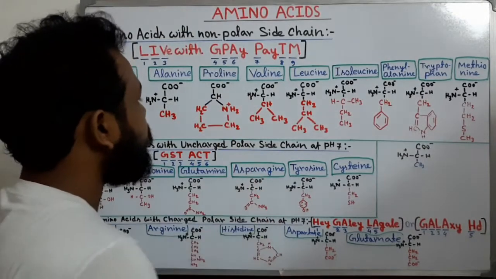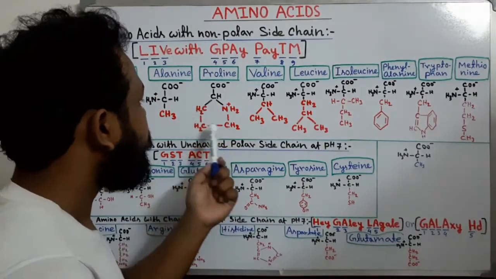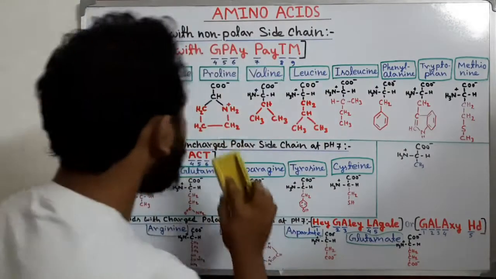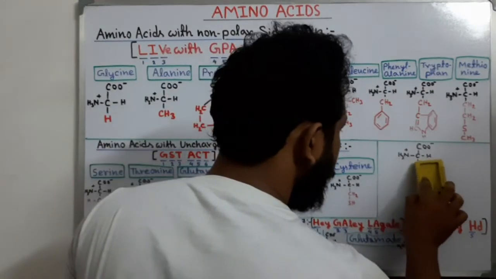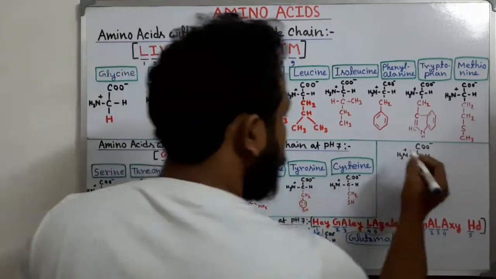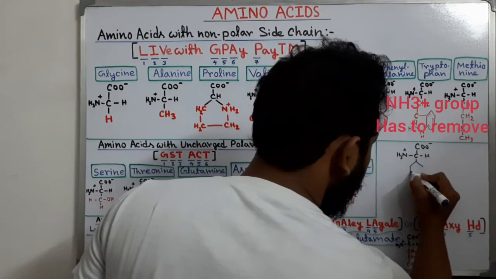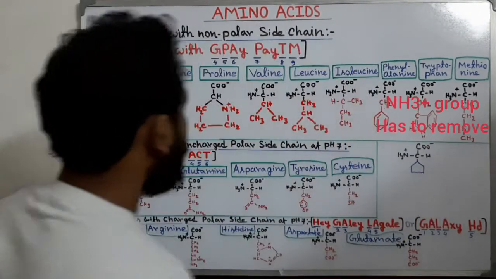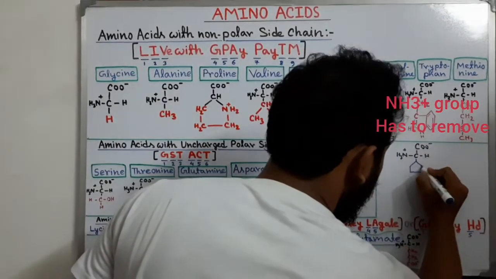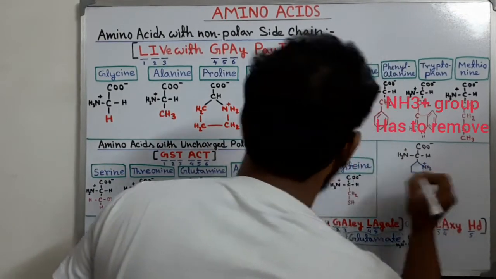Next one is proline. Proline has an imino group, which is a ring structure. How can we remember this ring structure? We just draw a ring like this and put NH2 plus here.